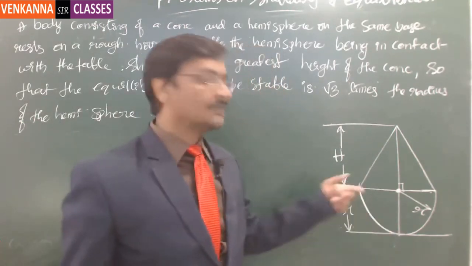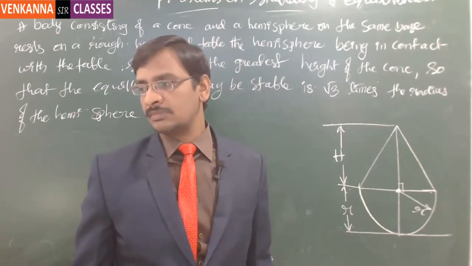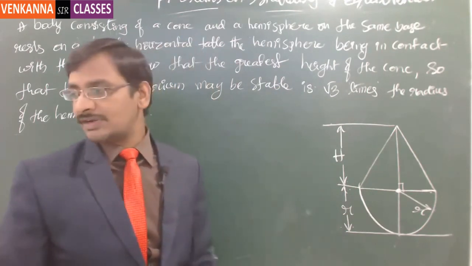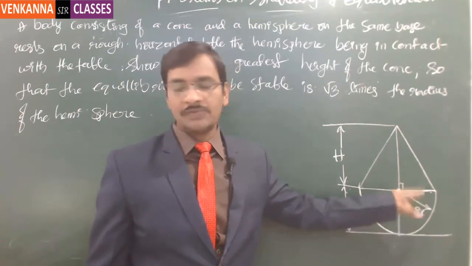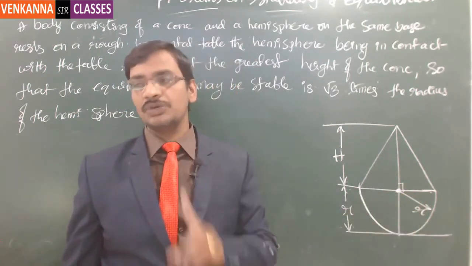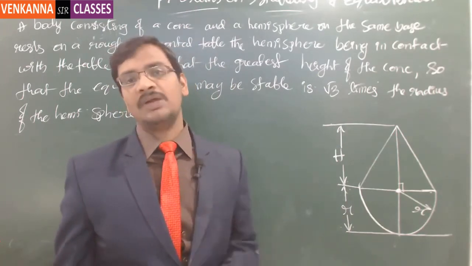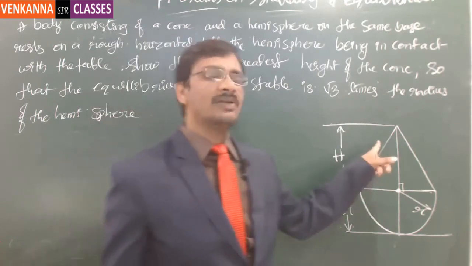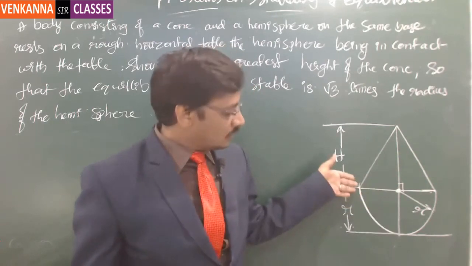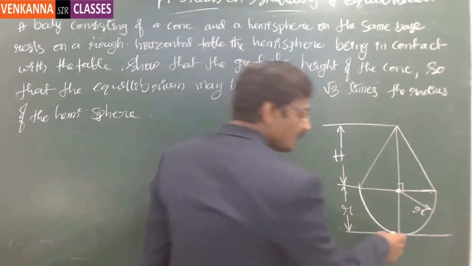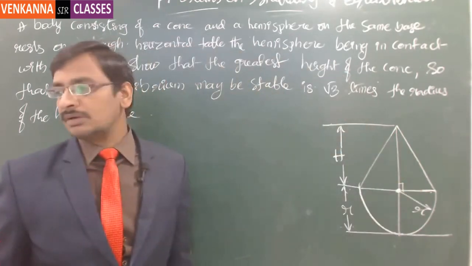And what is the radius of curvature of the top surface? The top surface is this one. The radius of curvature we should worry about only at the point of contact, as we have seen in the derivation. So we don't need to worry about the radius of curvature for the top part or anything like that. We have to be aware of the radius of curvature only for the portion where it is in contact with the ground surface, right?